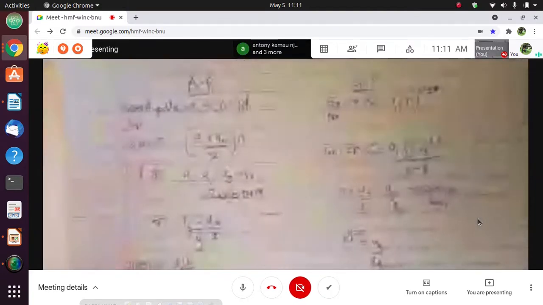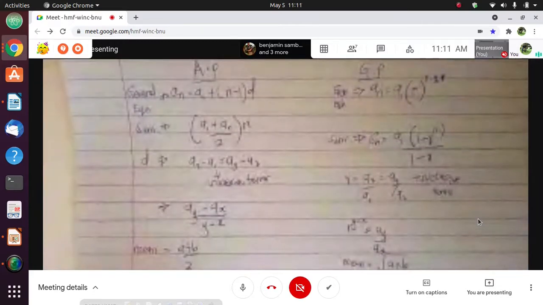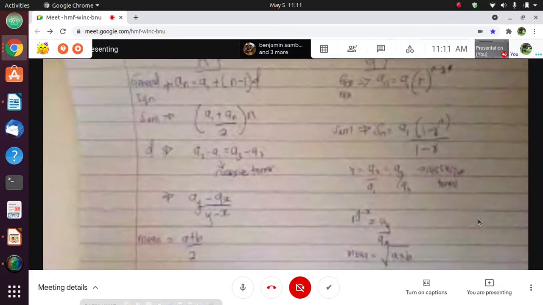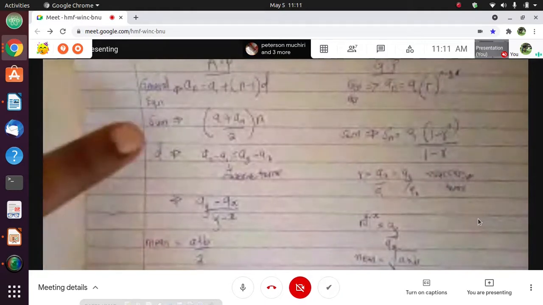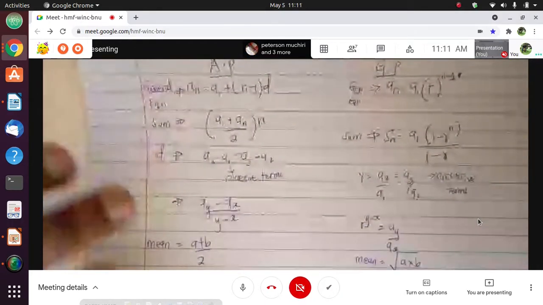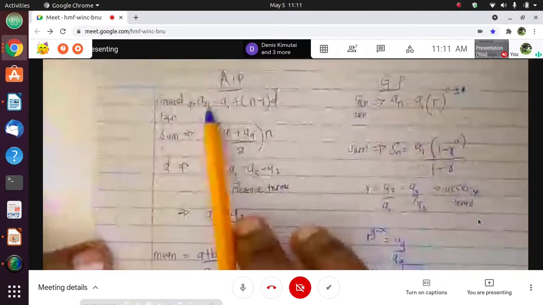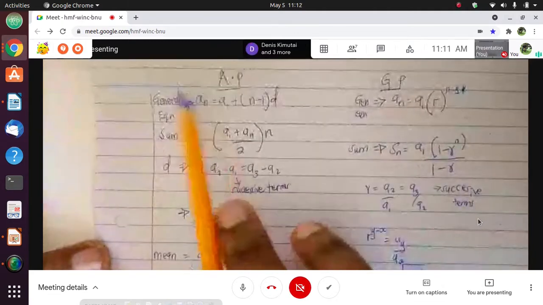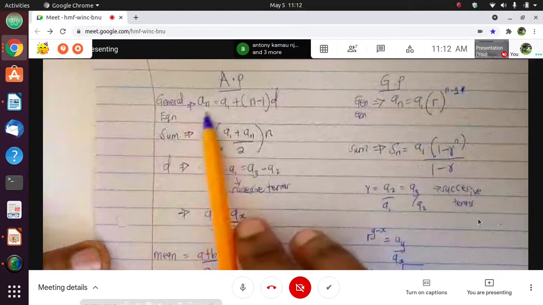Now, what do these things mean? Hizi ambazo tunaandika. Let's start with the arithmetic progression, the arithmetic sequence. This an is that value, this a is just a way of denoting a number.